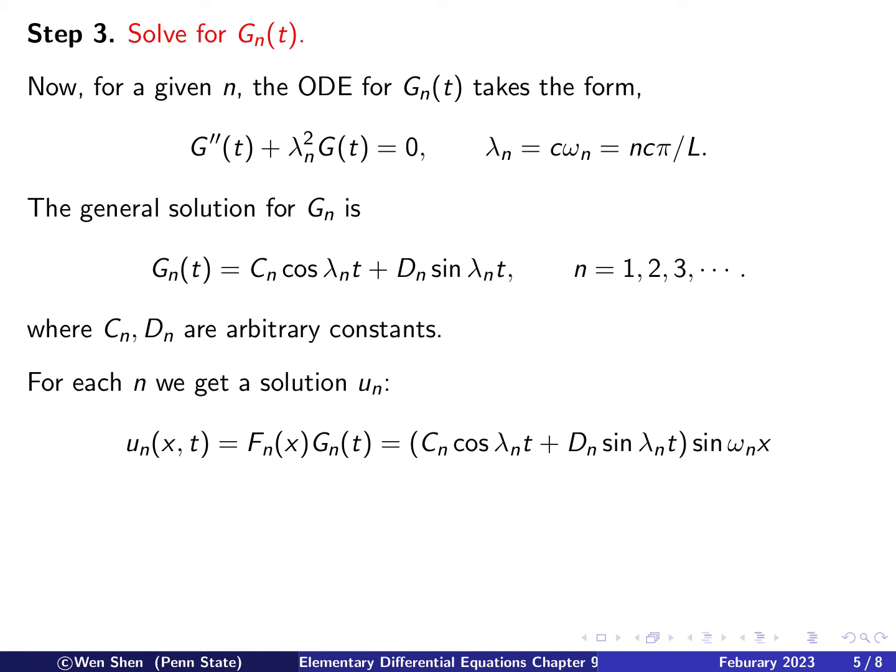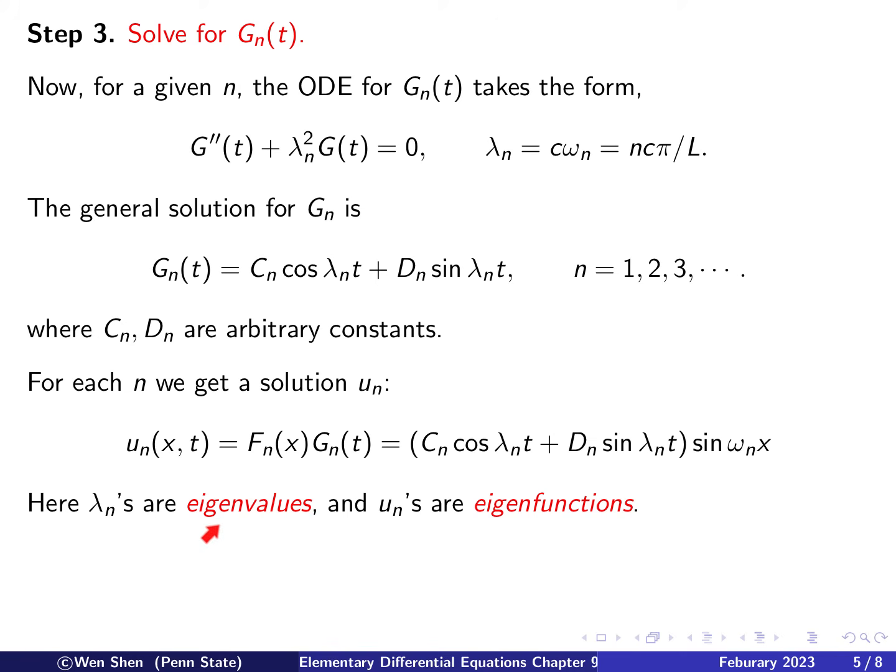Okay, so let's write out this function we call u_n. u_n will be f_n times g_n, and then we can put in what we have. So this will be the g here, and this will be the f here. So for each n, this is a solution for the wave equation. Okay, so let's put in some terminology.